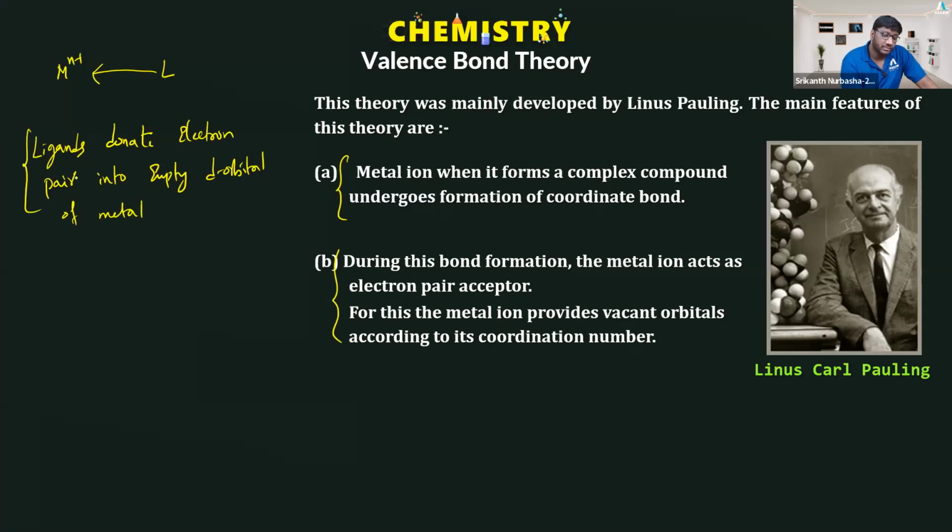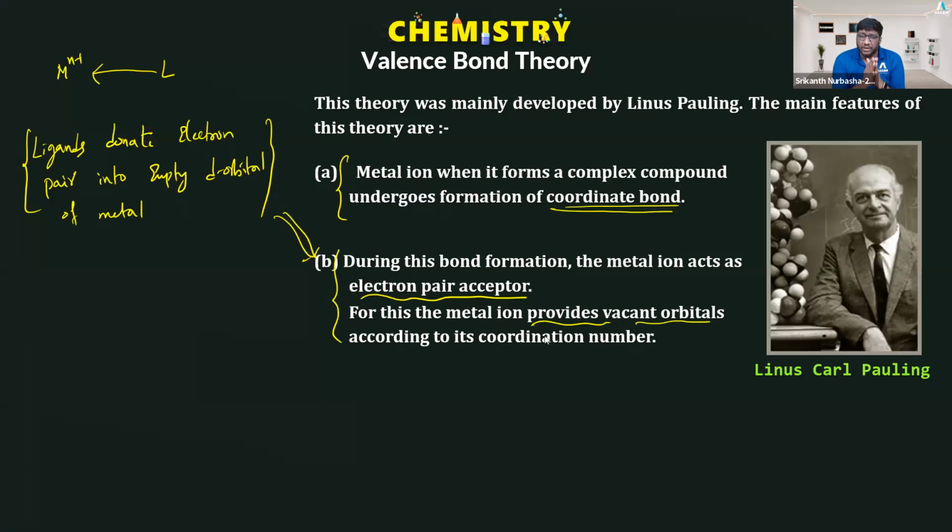What do you mean by that? That means metal ion, when it forms a complex compound, undergoes formation of coordinate bond. During this coordinate bond formation, metal ion acts as electron pair acceptor. For this, the metal ion has to provide vacant orbitals according to its coordination number. Simple thing, nothing much. We have a metal ion.